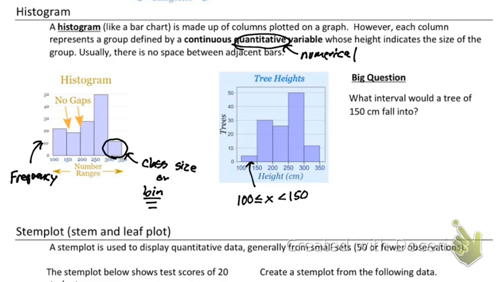So the lower number always goes into the bin to its right. So if I add a 150 centimeter tree, I would add it to this one. If I had a 250 centimeter one, I would add it to this one. That is how histograms will always work, unless it specifically says otherwise, which it'd be really weird if it did. That would be just a wrong kind of graph.